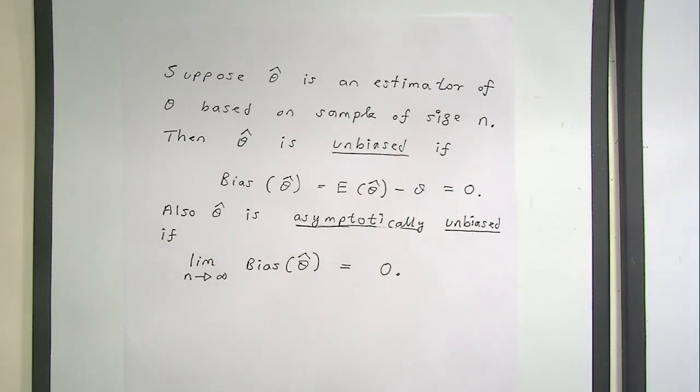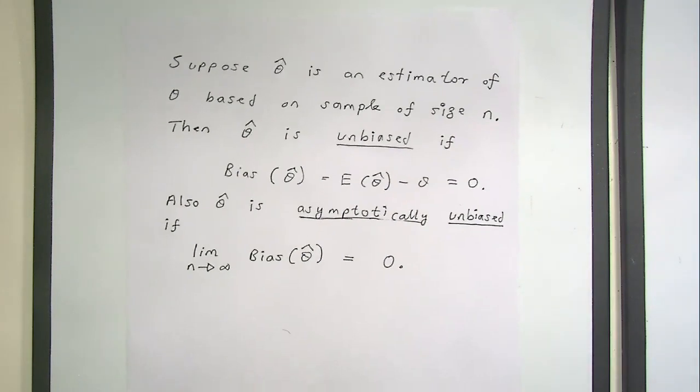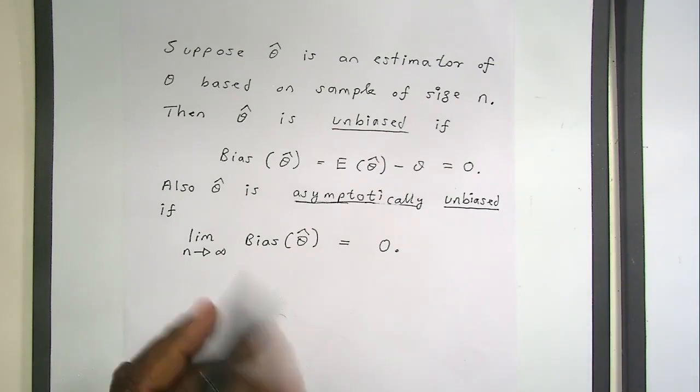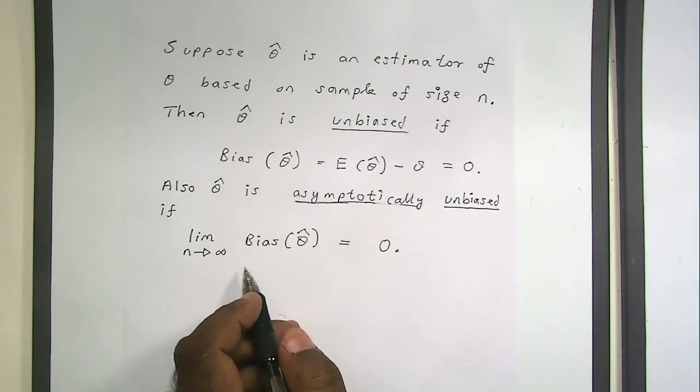Okay. Theta hat is said to be asymptotically unbiased if the limit of the bias as n goes to infinity is 0.